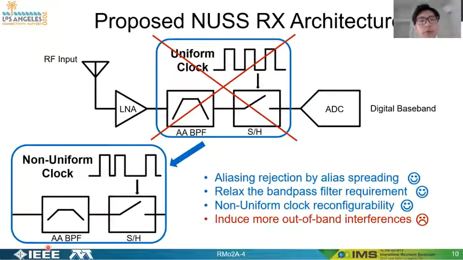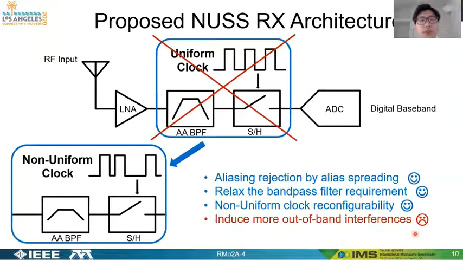Although there are additional blocks to control the non-uniform clock sampling instance, the power and cost are much smaller compared to the mixer in the heterodyne receiver architecture. Moreover, the non-uniform clock pattern is reconfigurable and can be optimized to reject a certain alias. This non-uniform subsampling receiver can also be configured in the uniform subsampling mode just by setting 0 perturbation for each sampling instant.